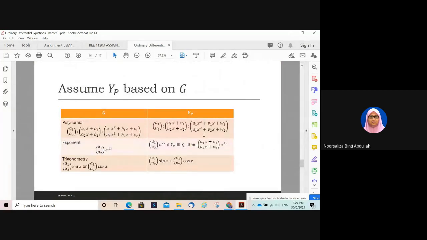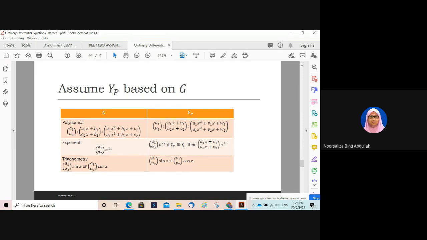Our YP depends on this table. You have to look at it. G is either polynomial, exponent or trigonometry. In this case, our G is exponent, so you can use this one.